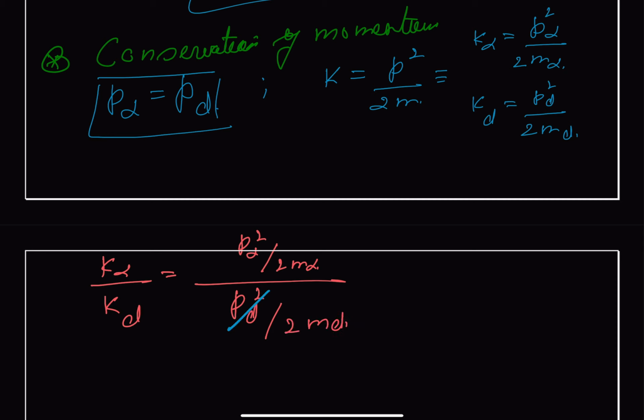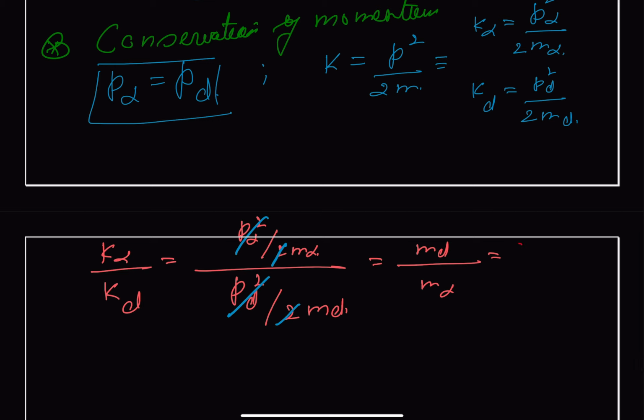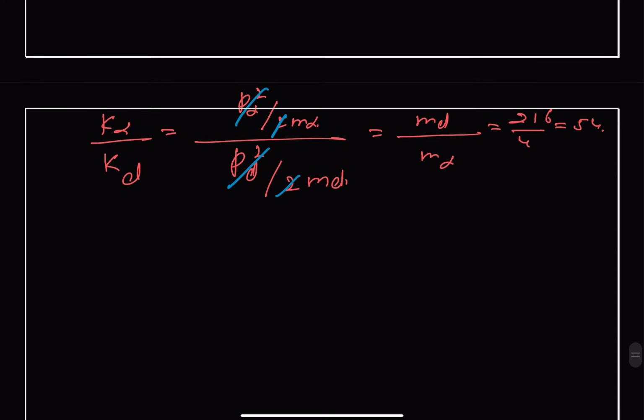The momenta cancel, 2 and 2 also go away, so this gives mass of daughter divided by mass of alpha. Mass of daughter is 216, mass of alpha is 4, so this gives 54. So kinetic energy of the daughter is equal to kinetic energy of alpha divided by 54.